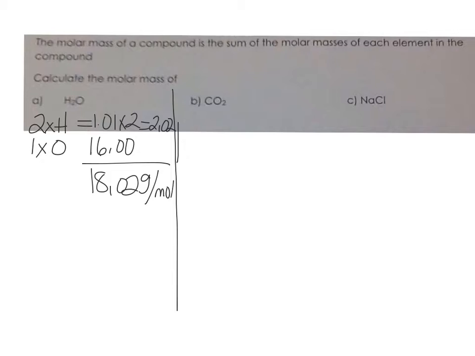So you take the number of each element, multiply it by its mass, and add them all together. So carbon dioxide is 1 carbon and 2 oxygens.